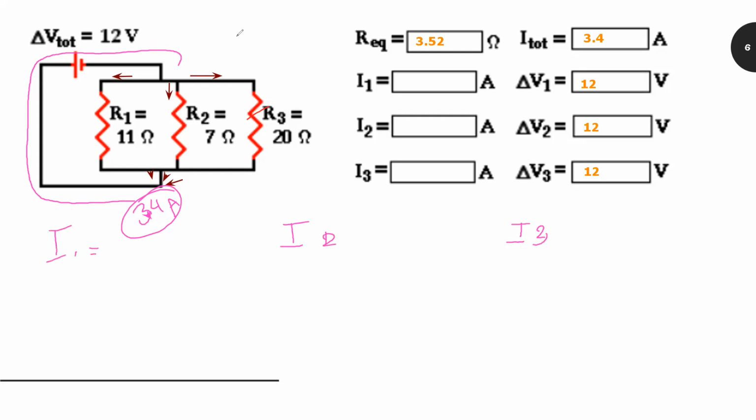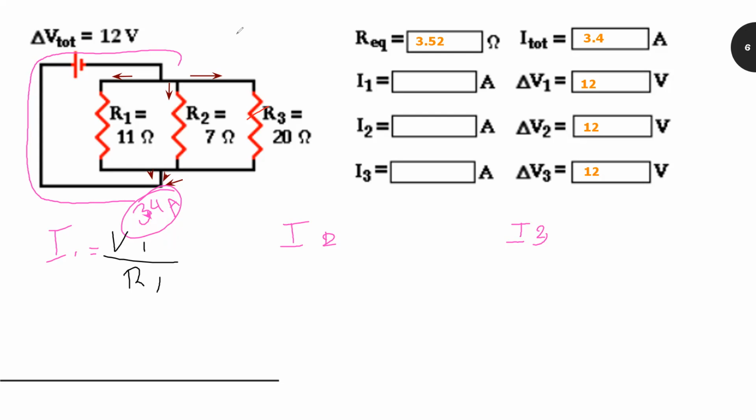How did you find I1? By which law? Yes, grade 11, V over R. Exactly, which is by Ohm's law. So by V total over R, or we can say by V1, since I'm talking about I1: V1 over R1.